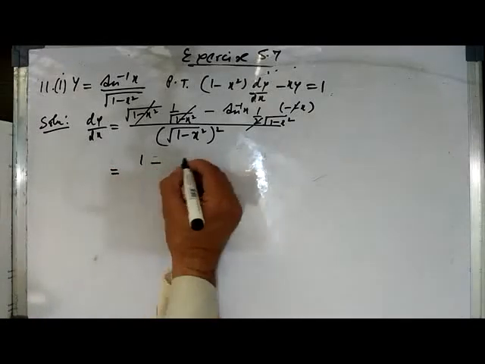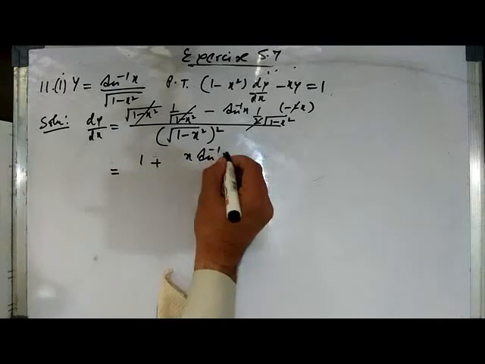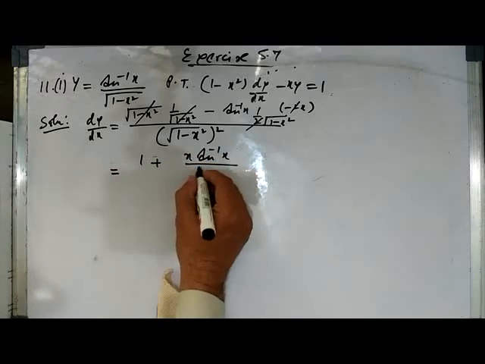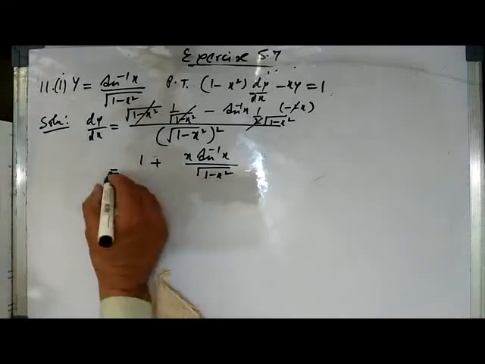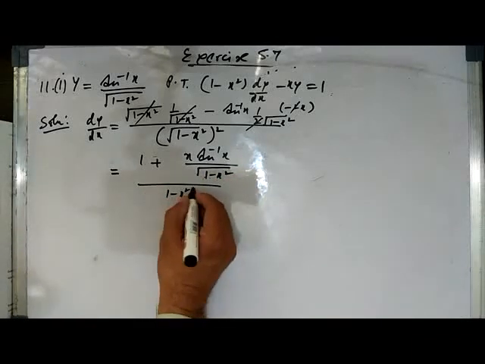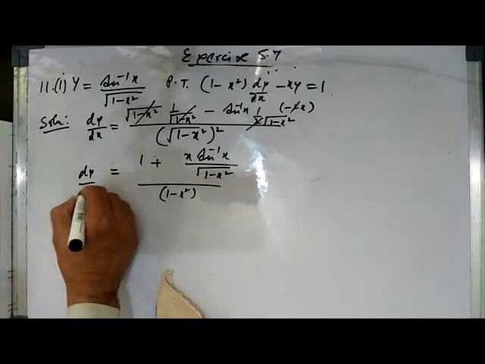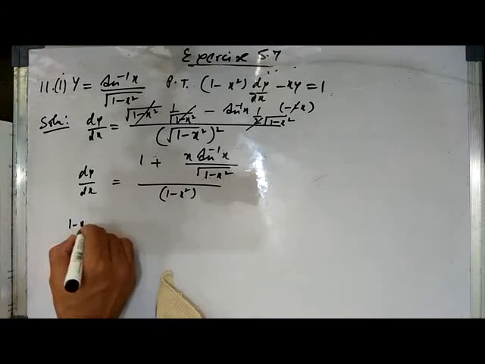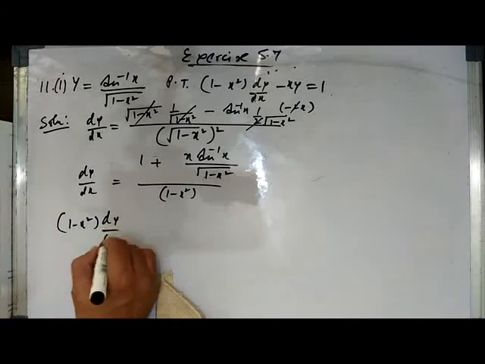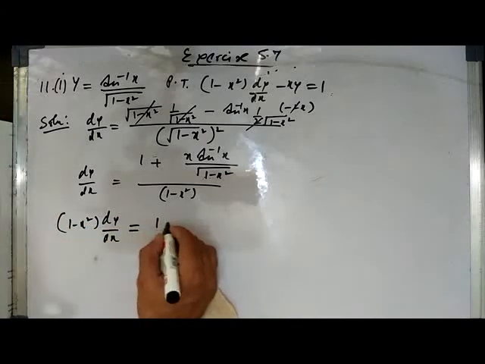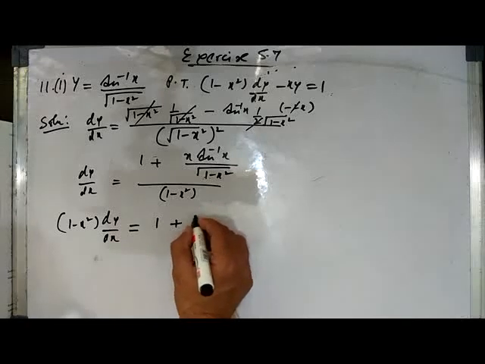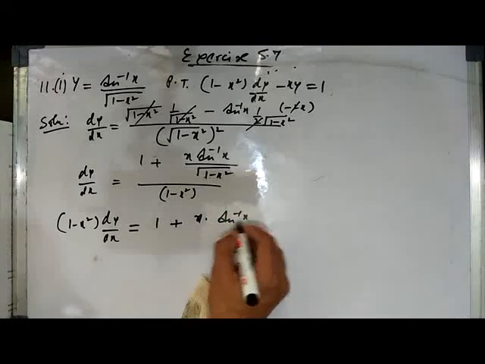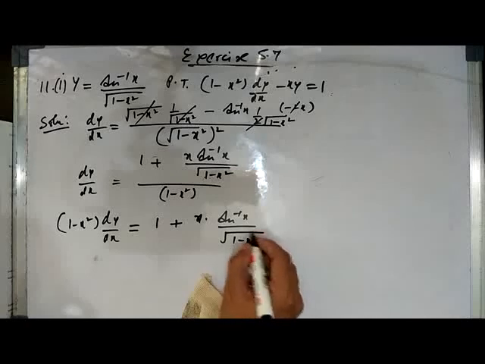It is 1 plus x sine inverse x under root 1 minus x square, with 1 minus x square with dy dx. Now 1 minus x square is cross multiplied here. 1 minus x square dy dx, and it is 1 plus, you write this as x into sine inverse x under root 1 minus x square.